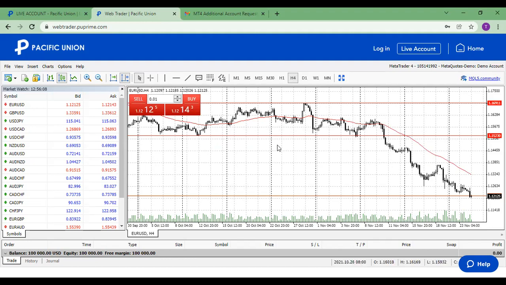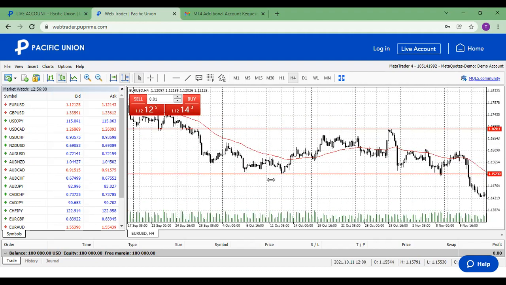So let's see if price has tested this dynamic zone. Let's go back in time. Price actually respected it here as support, but there was a breakout at this point.